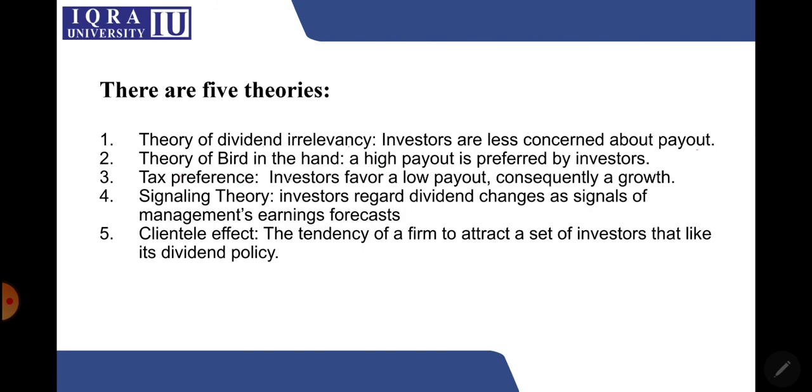Tax preference theory says that investors favor a low payout, consequently a growth. Signaling theory says investors regard dividend changes as signals of management's earning forecast, and clientele effect says the tendency of a firm to attract a set of investors that like its dividend policy. So we're going to go into each one of these theories.